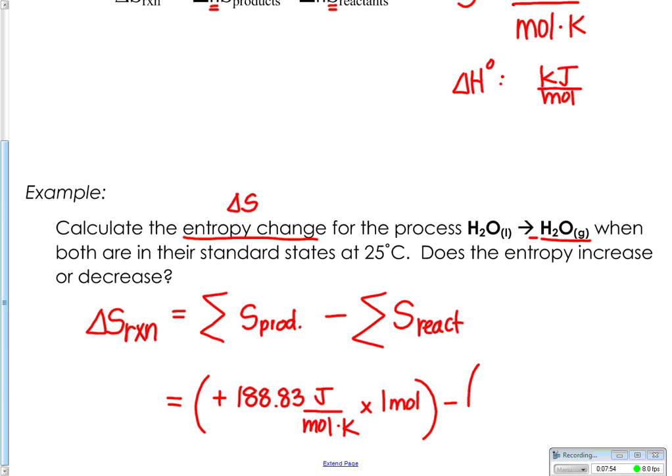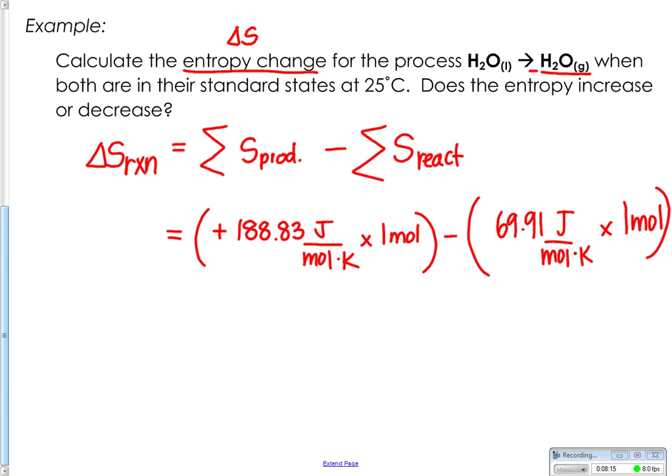From that, I'm going to subtract the sum of the reactants. And the only reactant in this problem is water as a liquid. And I look up the value for that. That S value is 69.91 joules per mole K. And again, since I'm only forming 1 mole, I'll just multiply by 1.